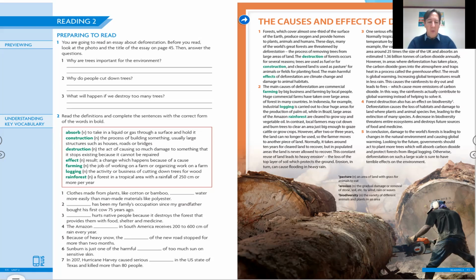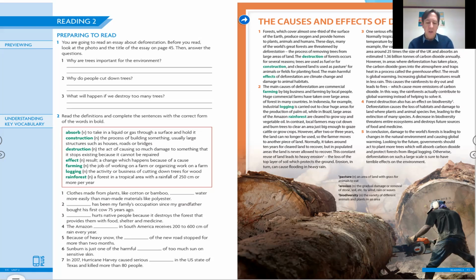Paragraph 1. Forests, which cover almost 1/3 of the surface of the earth, produce oxygen and provide homes to plants, animals, and humans. These days, many of the world's great forests are threatened by deforestation, the process of removing trees from large areas of land.